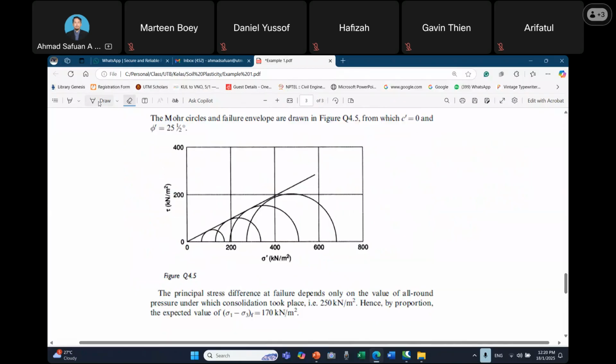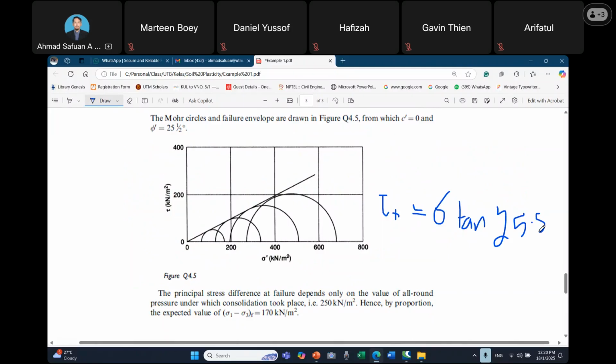Then we try to calculate tau is equal to sigma tangent 20.5. Let me use the calculator.